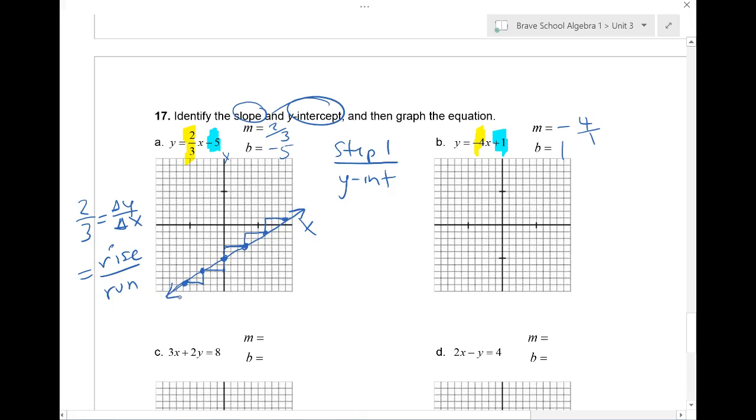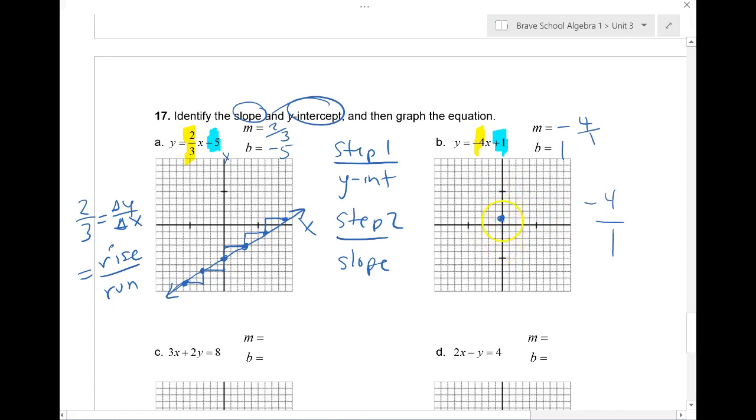Okay? Alright, good. And again, I forgot to put step 2 was graph the slope. First the y-intercept, then the slope. Okay, so now here it's positive 1, so we're going to go up 1. And now here the slope is negative 4 over 1. So when it's negative, we go not up, but we go down.